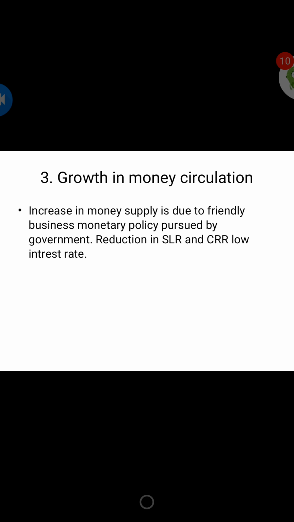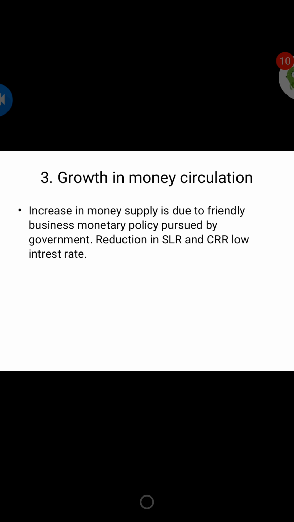When money is supplied to business activities, they get better capital and can start their business very effectively. So the SLR and CRR were reduced, with low interest rates, etc. The liquidity position in the economy has increased, which has helped the growth of business.